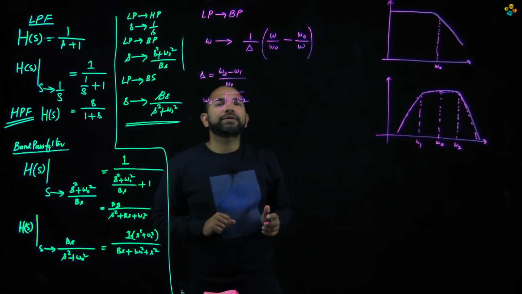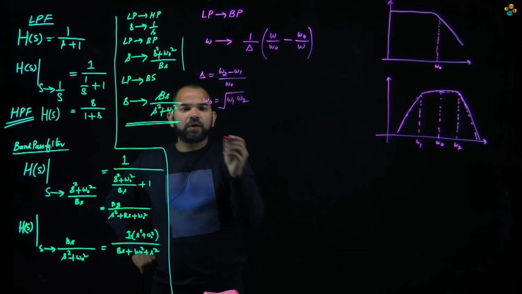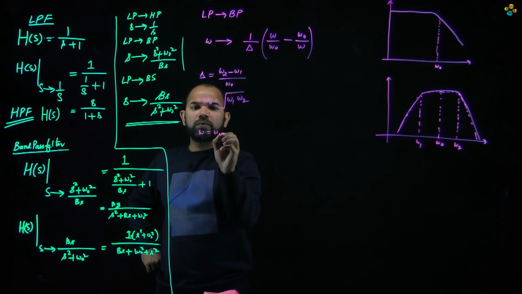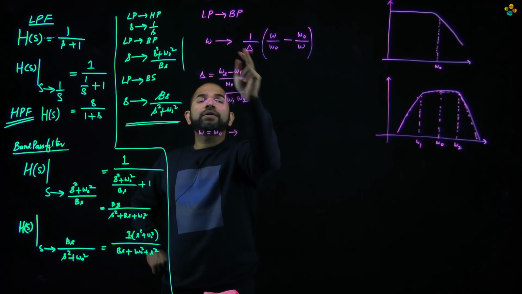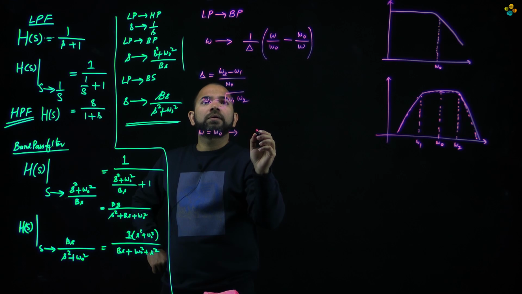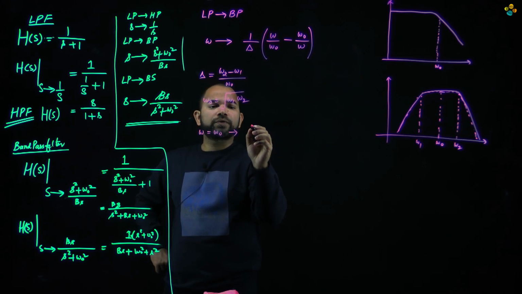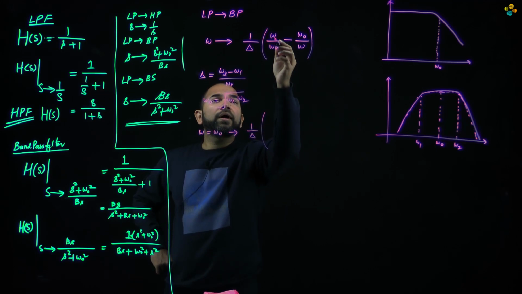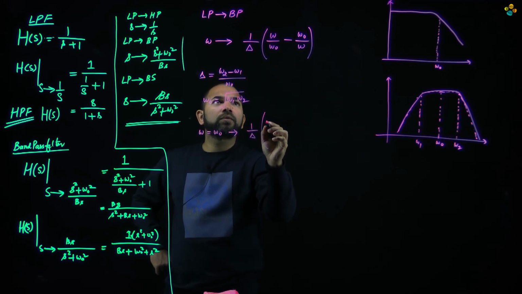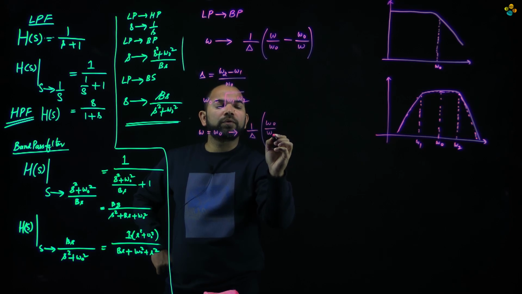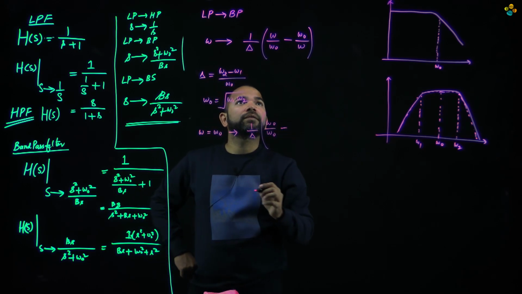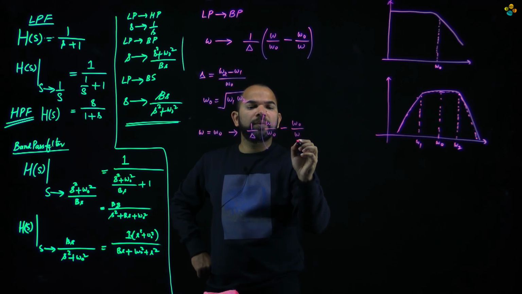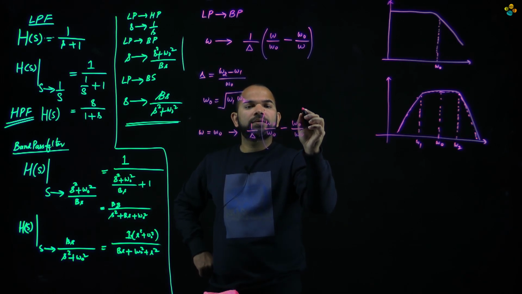See from this equation's perspective what happens when omega is equal to omega naught. This is equal to 1 over delta times omega naught upon omega minus omega naught upon omega naught.